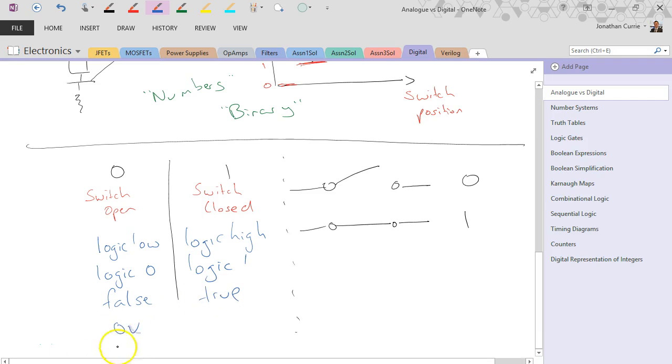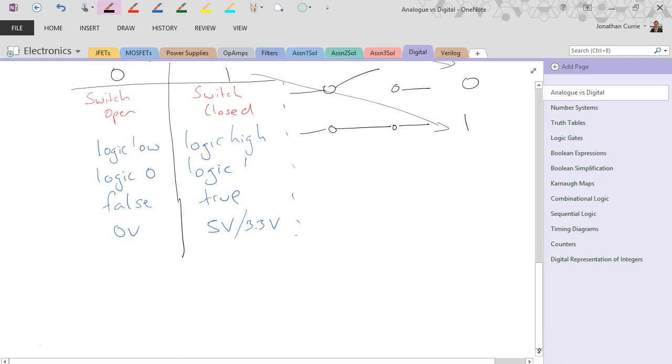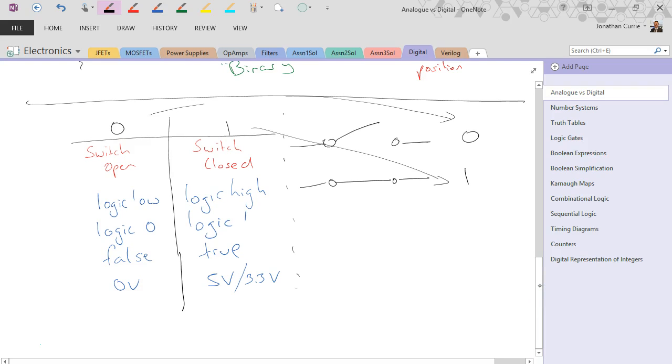Or we could use voltage levels, 0 volts, or for example 5 volts, 3.3, whatever happens to be the VCC level in the circuit. I'll just draw arrows over here, this one and this one. Just remember, this is what we call positive logic, but this is the normal one that we're going to be using. There's lots of names to represent the same condition.